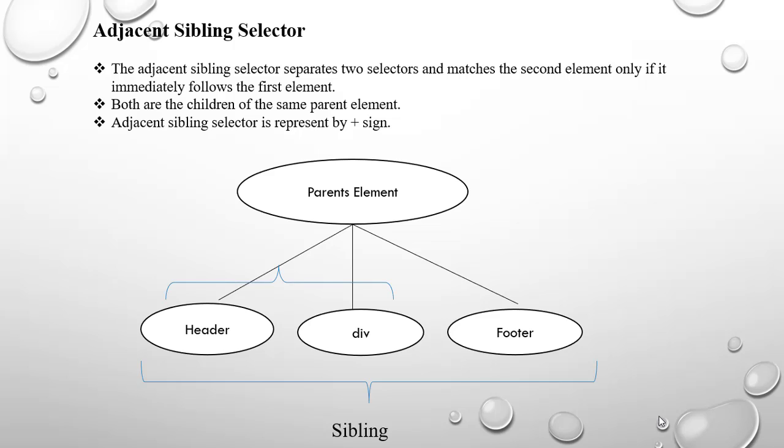The adjacent sibling means the second element which is immediately preceded by the first element. Here the div and header are adjacent siblings since the div immediately follows the header. Also the div and footer are adjacent siblings, since the footer immediately follows the div, but the header and footer cannot be considered adjacent siblings, since in the middle they have the div.